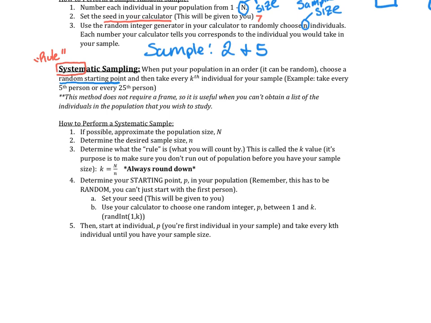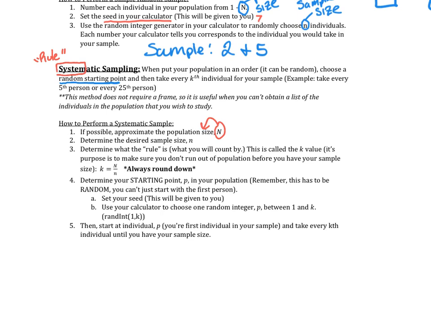Okay, so how to perform a systematic sample. If possible, you're going to approximate the population size. It doesn't have to be perfect. We just want to get a good enough approximation. So again, remember that capital N is the size of your population. And you're going to determine your desired sample size, lowercase n, so just how many people do you want in your sample.